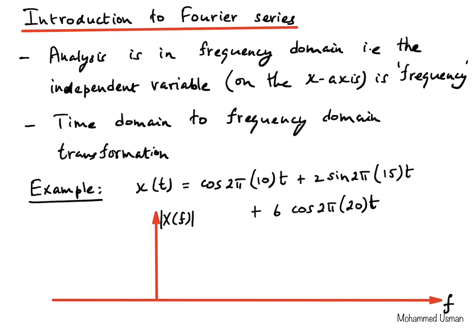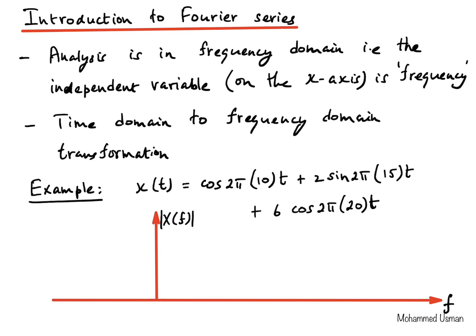We call this the magnitude response or the magnitude spectrum of the signal x of t. So x of t from the time domain is transformed to the frequency domain, so we get X of f, and the conventional notation is to write the frequency domain variable with a capital letter, and the independent variable of course is frequency denoted by f, and we are taking the magnitude of each of the frequency components.